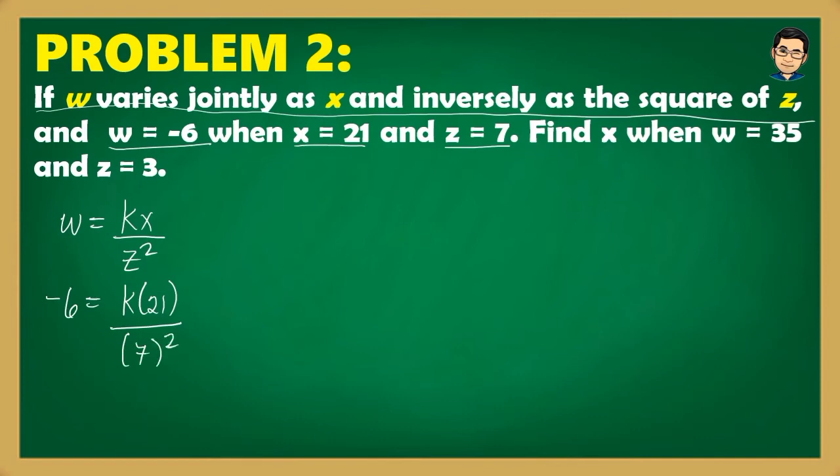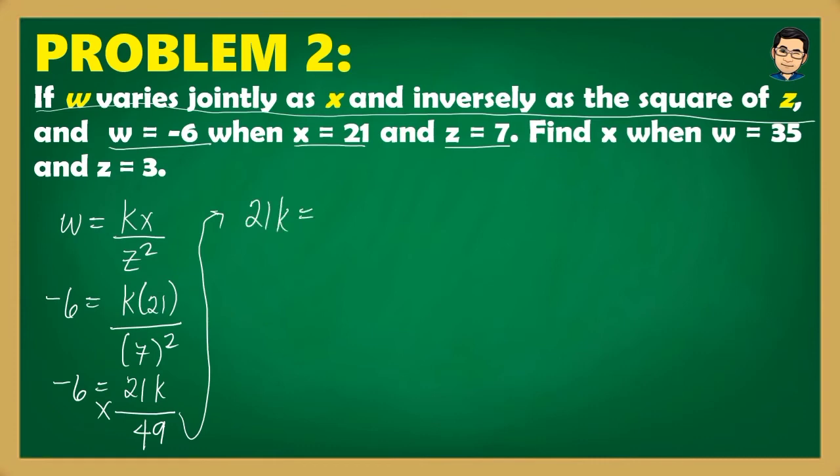Next, negative 6 is equal to K times 21, 21K, all over the square of 7, that is 7 times 7, 49. And then, mag-cross multiply tayo, that is 21K equals the product of 49 and negative 6, which is negative 294. And then we divide both sides by 21.